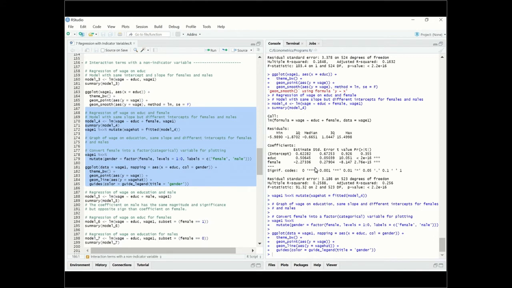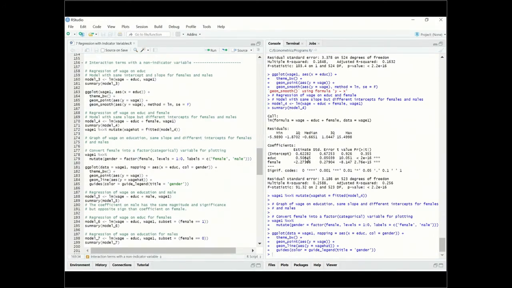So now we have a variable education, so we actually have a slope here, which is this coefficient on education, and we have a variable female, and that's the coefficient of female. So what effectively we're doing here is that this model will have the same slope but different intercepts for males and females. We have the same slope because there's only one education variable. It's not interacted with female or anything.